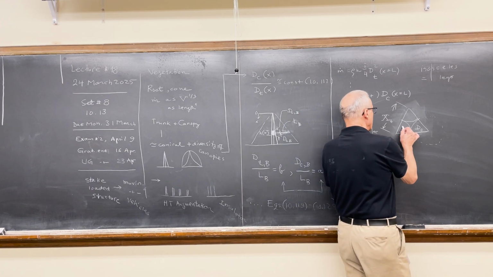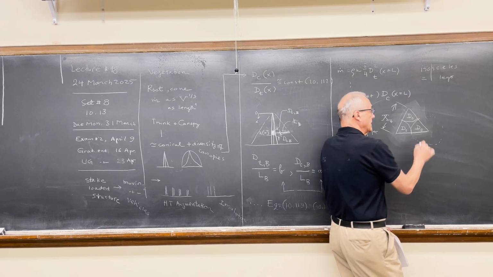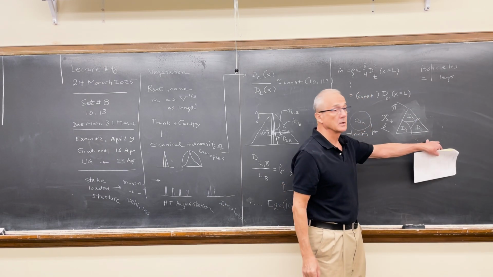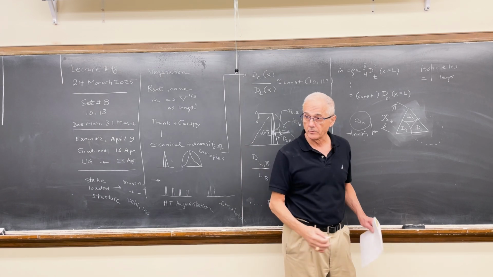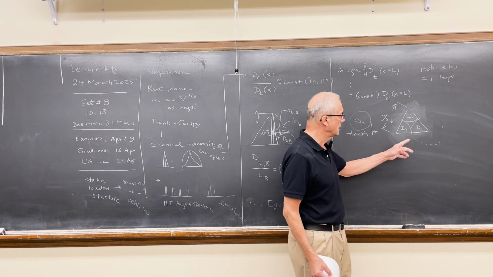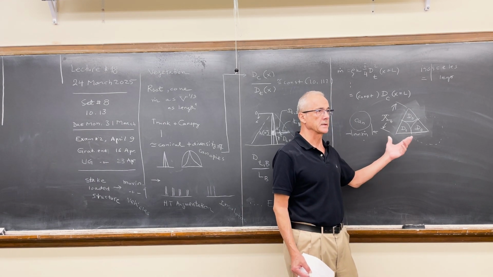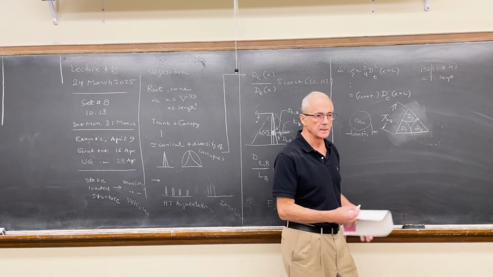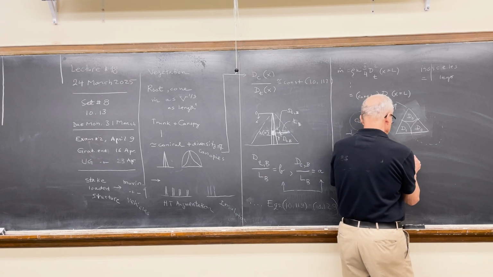The D0 tree is here, and how many of the D0 canopies do I have? One half, because this is 60 degrees out of 360, so this is one sixth. So I have one half D0.